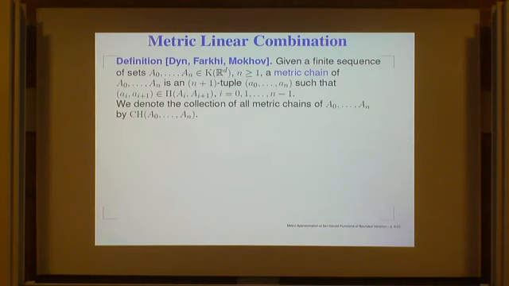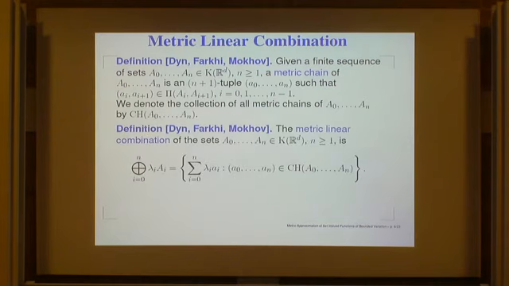So maybe I show immediately the second definition. We call it the metric linear combination. Metric comes from this term metric pairs. So we consider here linear combinations, but not all possible choices of A, only the following choice.